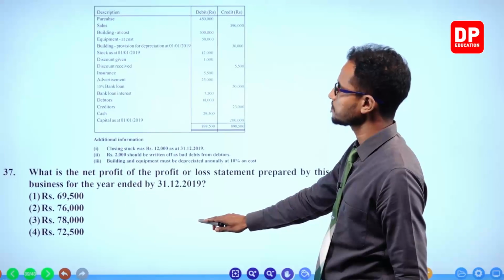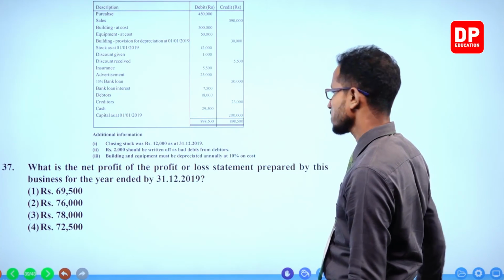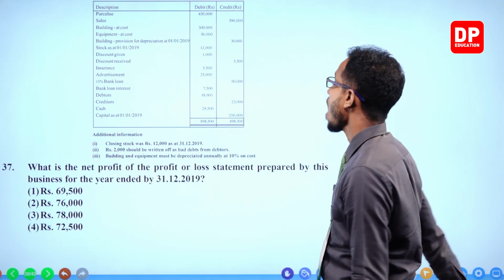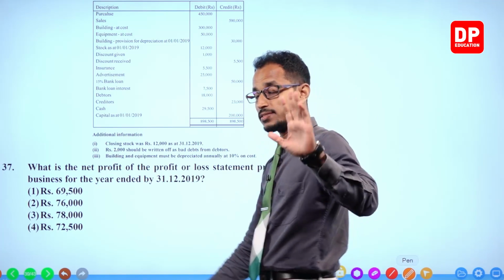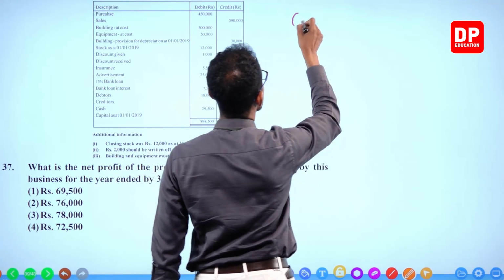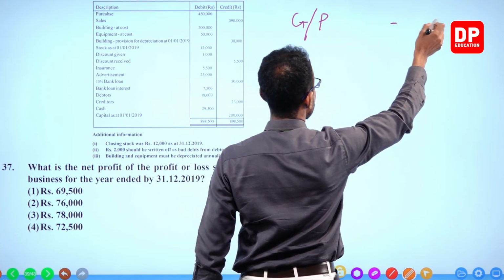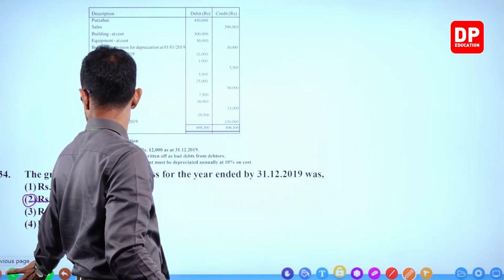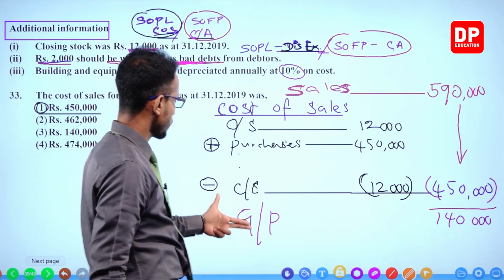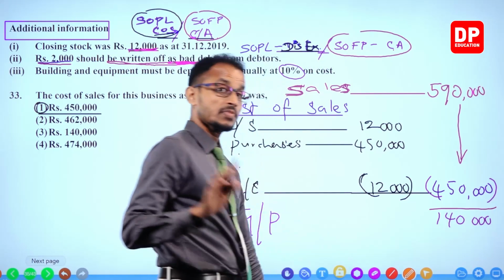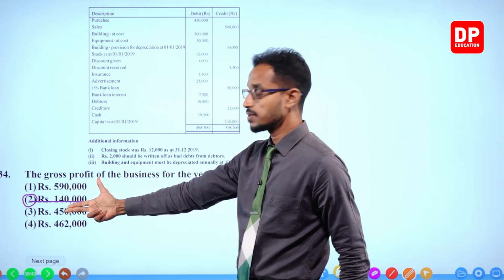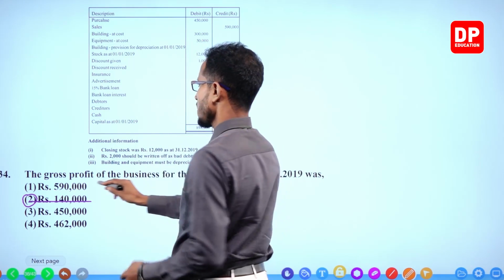37. What is the net profit of the profit or loss statement prepared by this business? Well, we know the gross profit. Just take the gross profit to this space. What is the gross profit? Gross profit is this one, 140. We marked 140, the gross profit, right here.